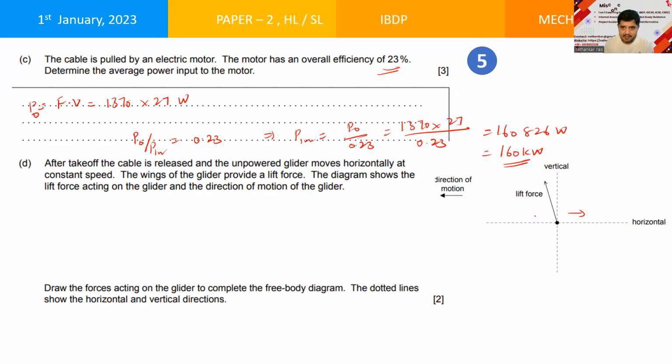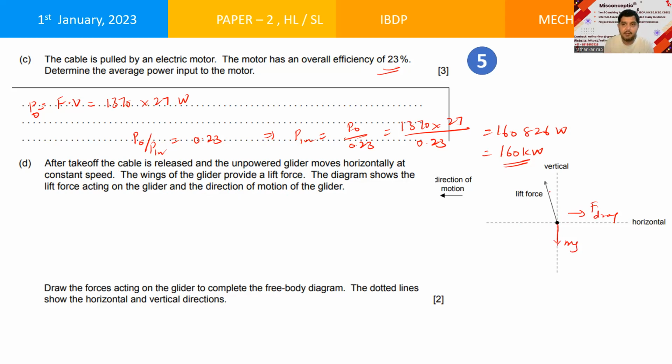So when the glider was moving like this, there was a resistive force. So this is your drag. After takeoff, the cable is released and the unpowered glider moves horizontally at constant speed. While it is in the air, there's an mg force here, an F drag over here, and nothing else.